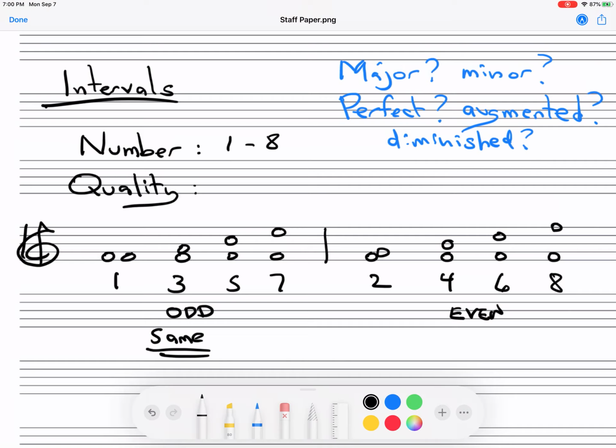So it's the same type of note. On the right side, the evens, 2, 4, 6, and 8, they go from different types of notes, either a line to a space or a space to a line.